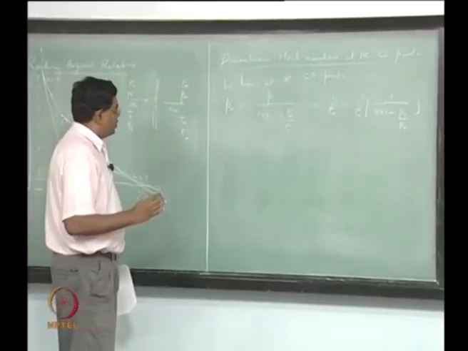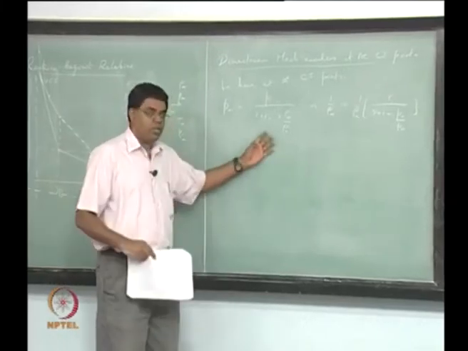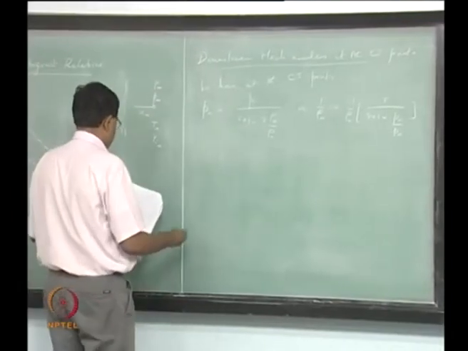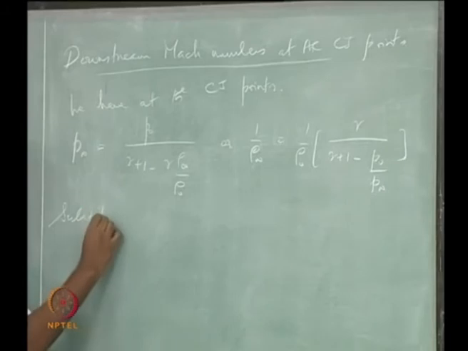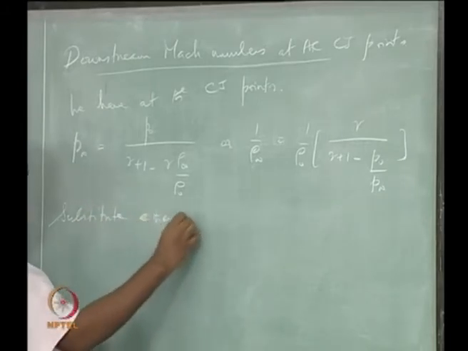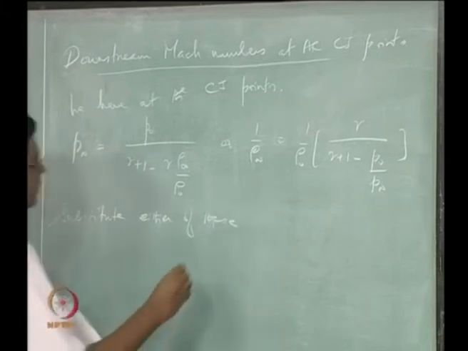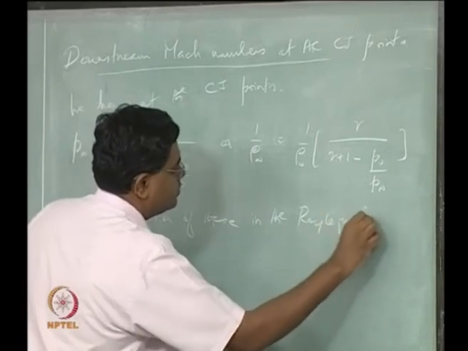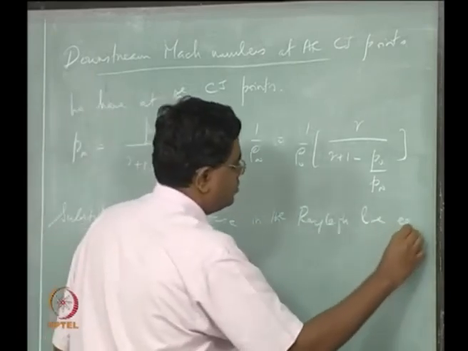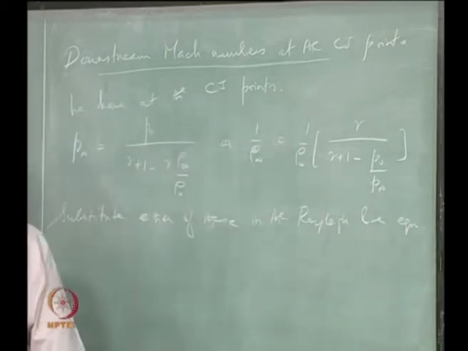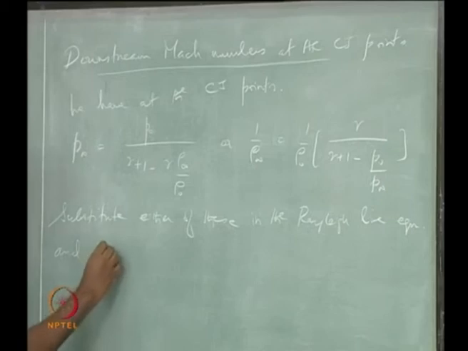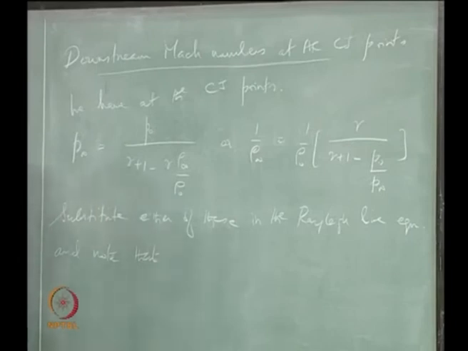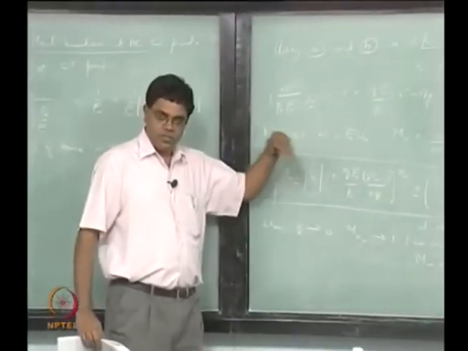But you can now go back and actually plug these in the Rayleigh line itself. So substitute either of these in the Rayleigh line equation, and note that this time we are interested in noting that m dot is not rho naught u naught, because we are interested in the downstream conditions.